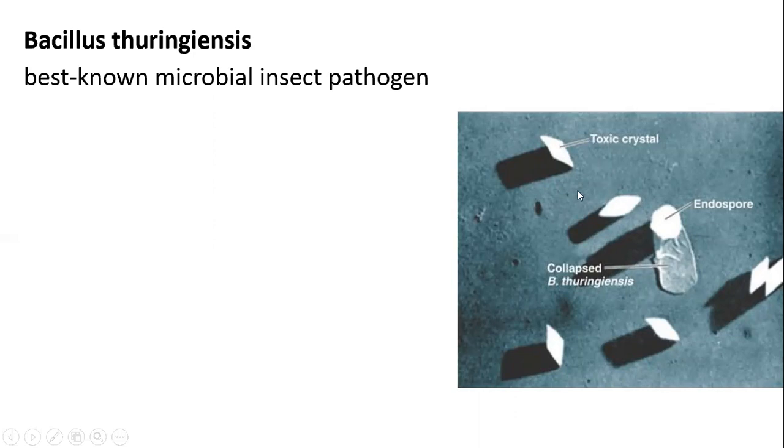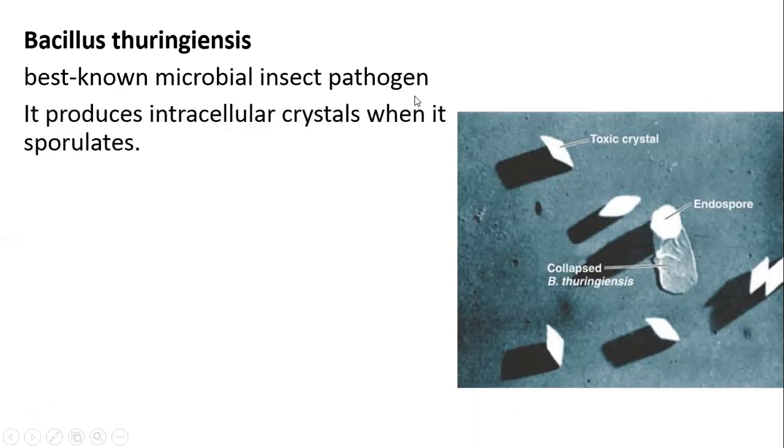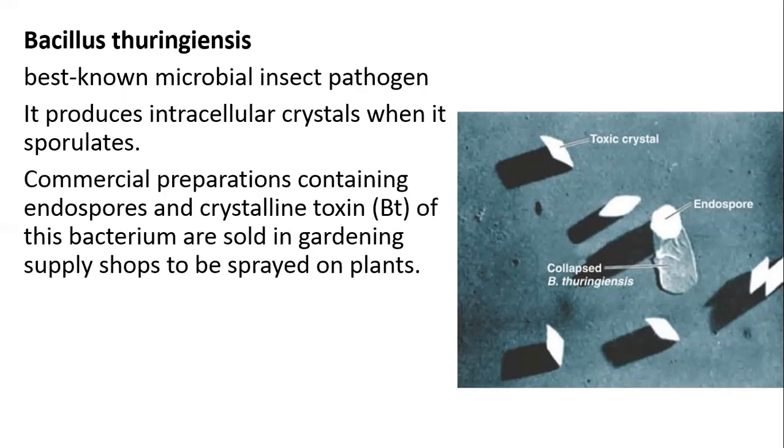It produces toxins along with the endospores, and these toxins target the nematodes or the insects which affect plant crops, particularly cotton. What happens basically is that this toxin perforates the insect intestine, resulting in the killing of the insect.